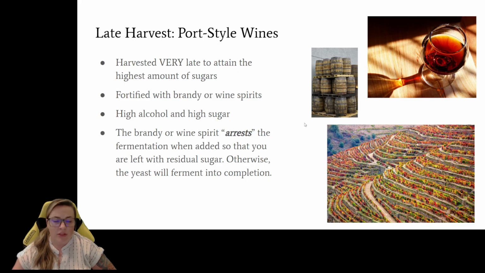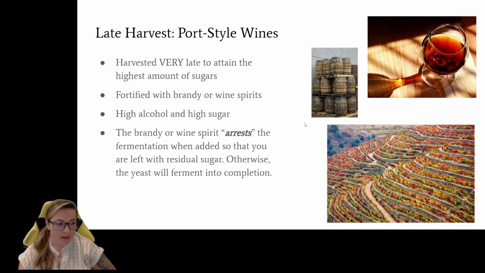In this situation, to keep the sweetness in the wine, you would arrest the wine partway through the fermentation, but you would do that with spirits. So typically brandy or a wine spirit of some kind, and that process is called fortification. So you fortify the fermenting must to stop the fermentation.